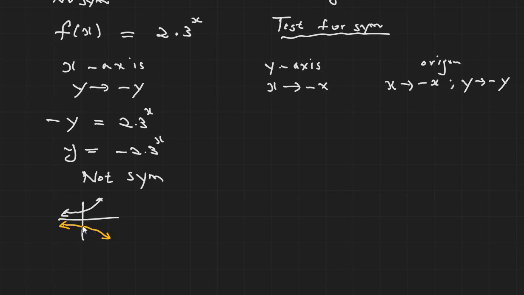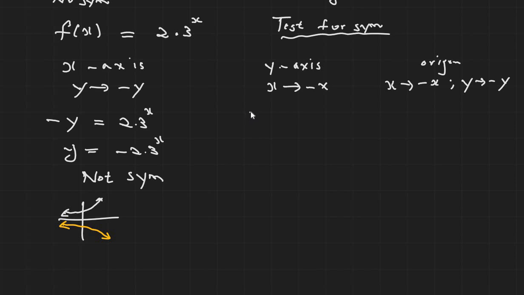It gives a different picture. So therefore, it is not symmetrical. Okay. Right. So if you have the graphs in the back of your mind, and you know what the graph is going to look like, then you can actually see in your mind's eye if it's going to be symmetrical or not.